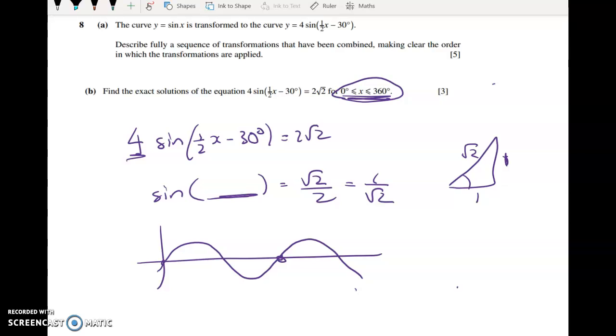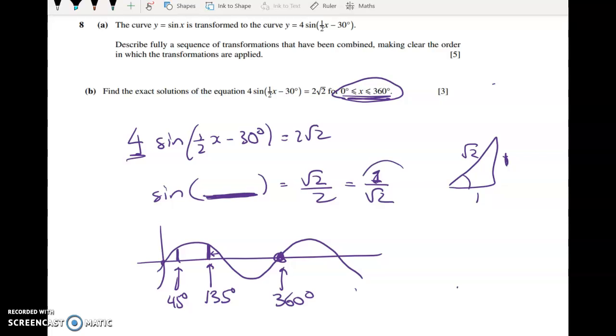And if you look at your sine curve when it's going from 0 to 360, we can see that there are going to be 2 solutions here, right? The first solution is going to be at 45 degrees, and the second solution is going to be going in this way. So it's going to be at 135 degrees. So when you're working at kind of AS level, it's usually easiest just to think about this thing in here as a blob, right?